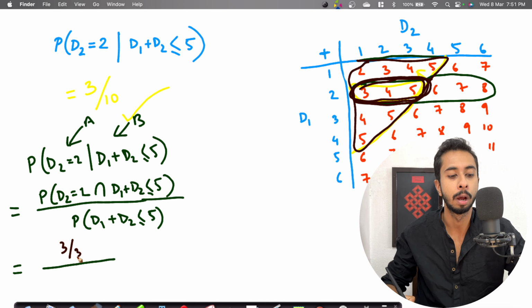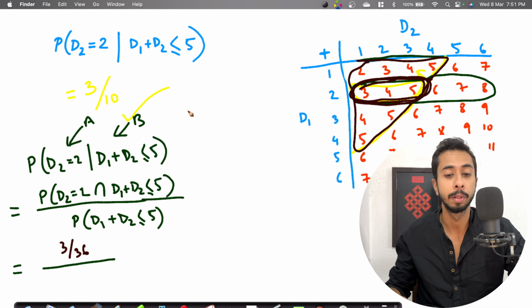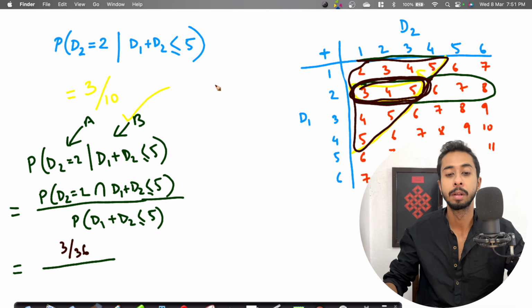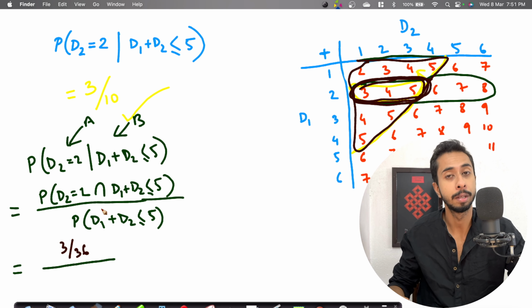The intersection is only 3. Only 3 values out of the entire 36 values. This time I'll not take 10 values. No. Because this is the probability of D2 equals 2 intersection D1 plus D2 less than or equal to 5, that means over the entire sample space I am doing this. That is why I'll have to take 3 out of 36.